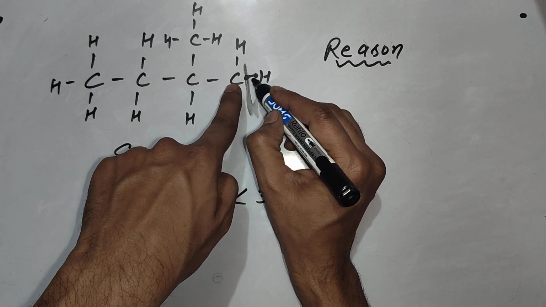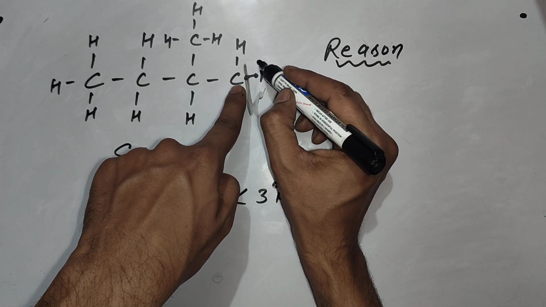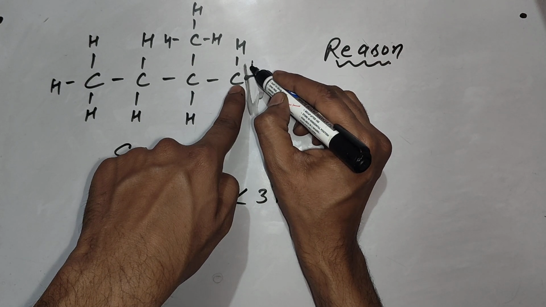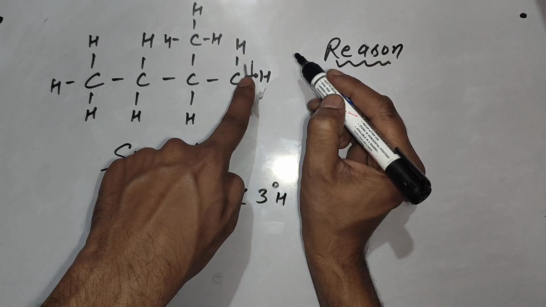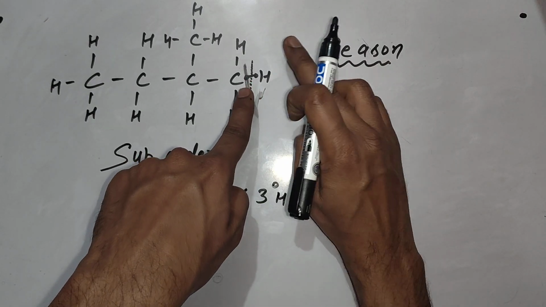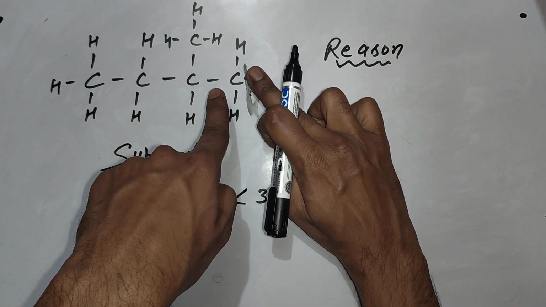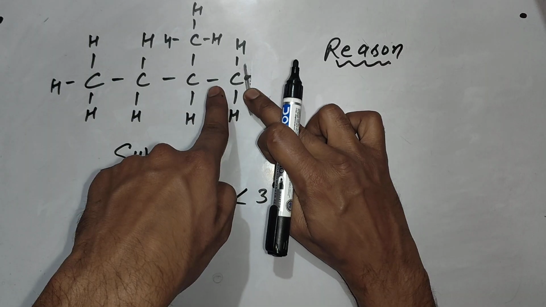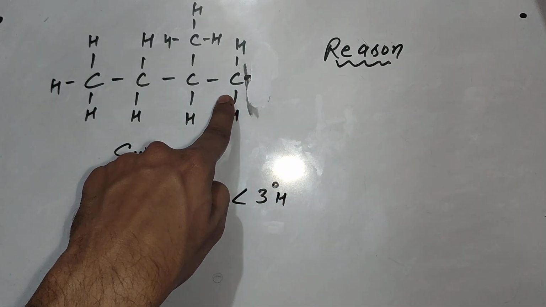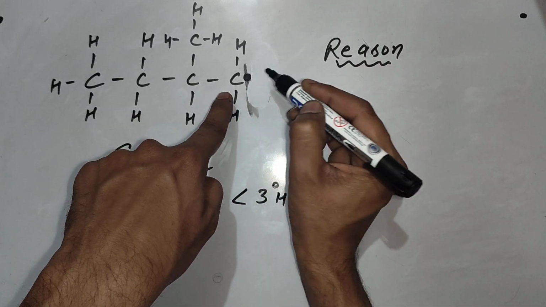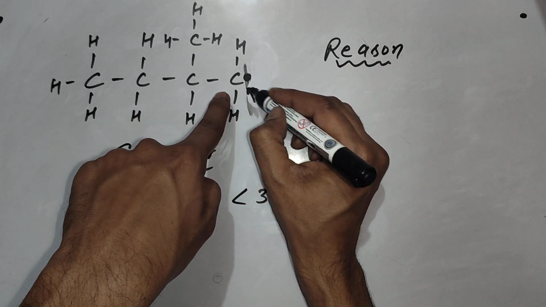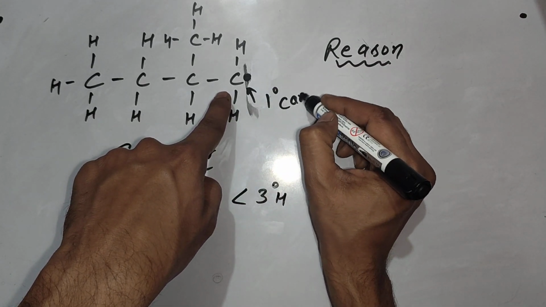This bond is made up of 2 electrons, and in a free radical mechanism always equal electron sharing is there. So this hydrogen will get its electron and it will leave its carbon. A carbon free radical will be generated. Now please check what will be the degree of this carbon free radical. It is a 1 degree carbon free radical.